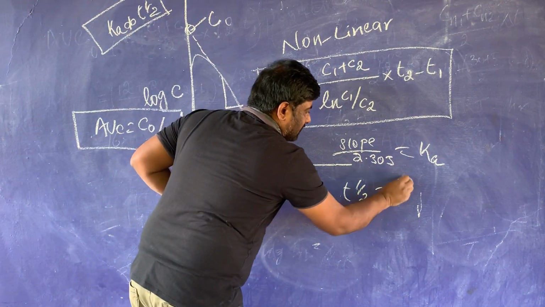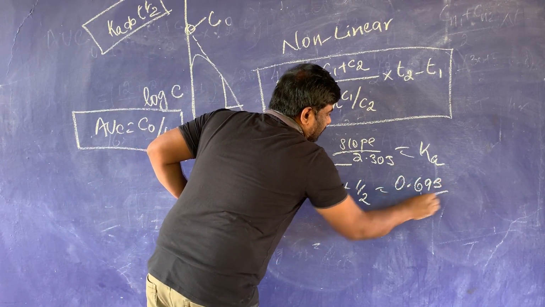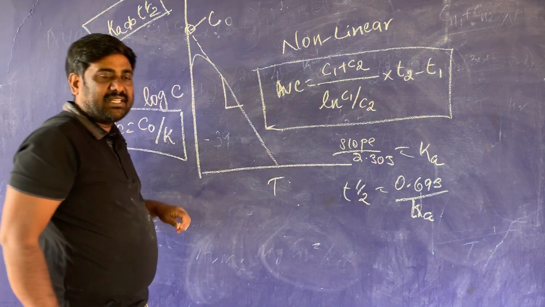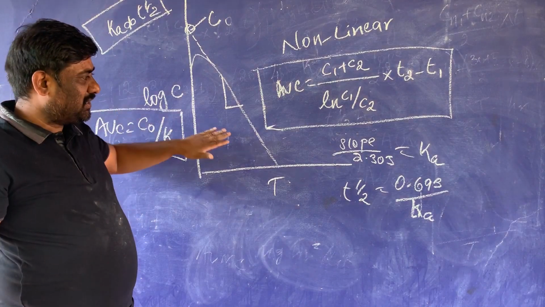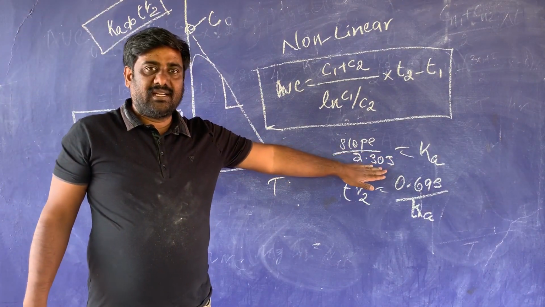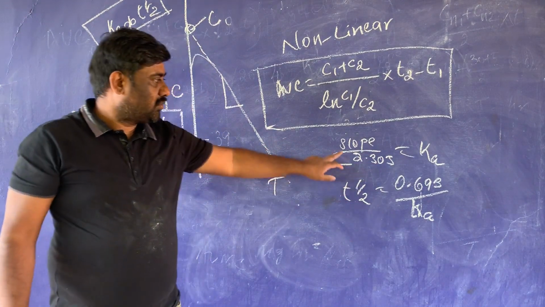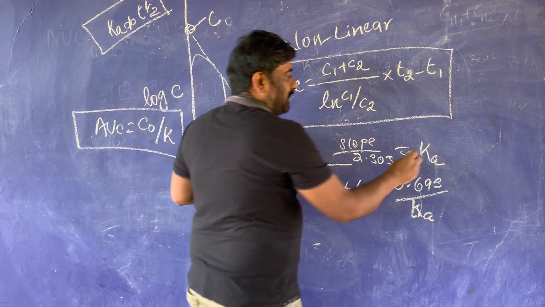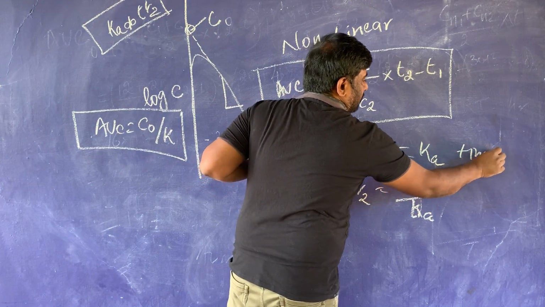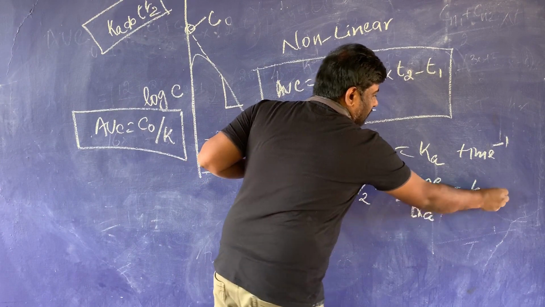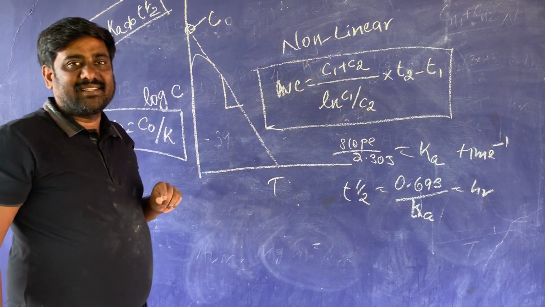That means 0.693 divided by Ka gives T half. So by using this graph, we are able to calculate the absorption rate constant and T half. The absorption rate constant unit is time inverse. The unit for T half is hour, minutes or seconds.